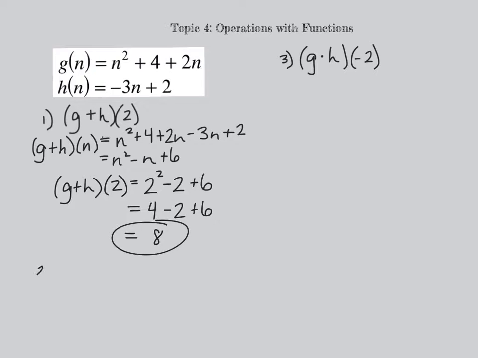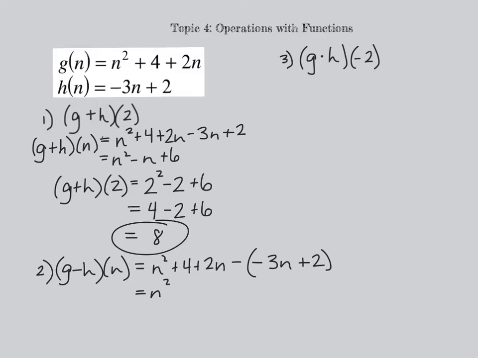All right, our next one was subtraction. It was g minus h of n. So we'll take g, n squared plus 4 plus 2n, and then we'll subtract h. So we're subtracting, in parentheses, remember, minus 3n plus 2.